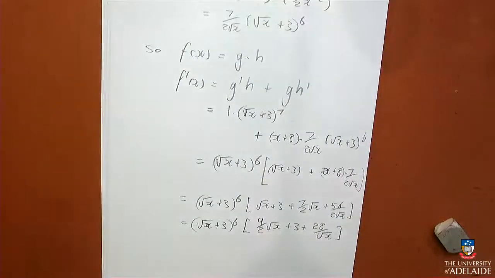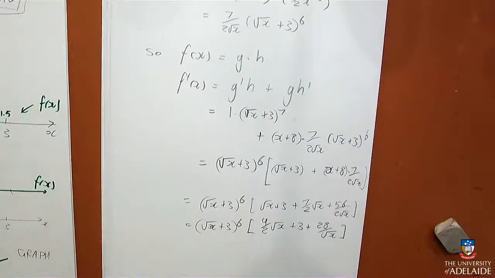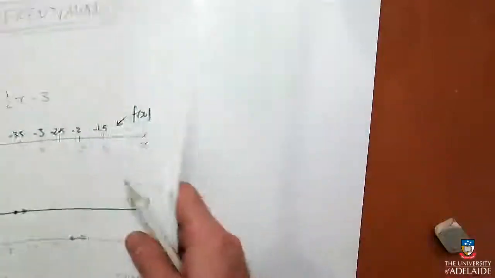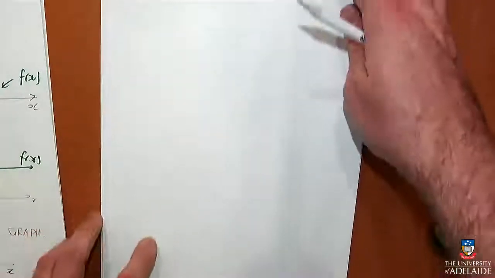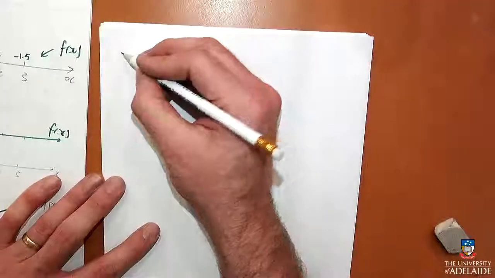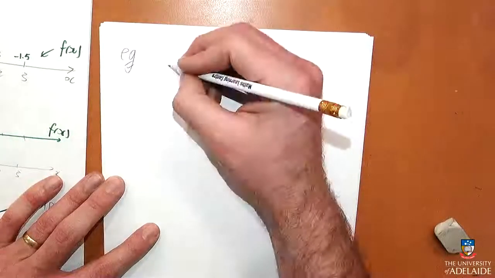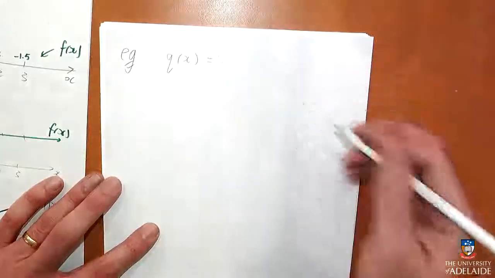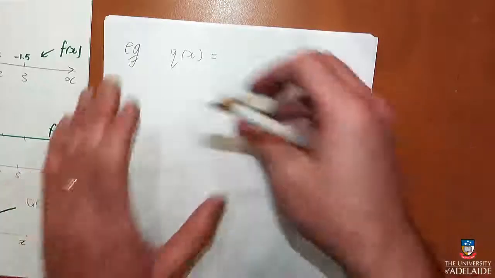So one more thing. I do have just enough time before my recording time runs out. One more thing to say is that the chain rule can be used in a chain with one piece inside another piece inside another piece. So let me do that. I won't call it QX.